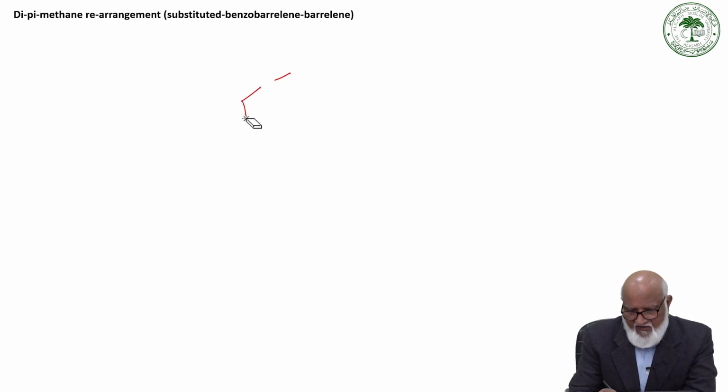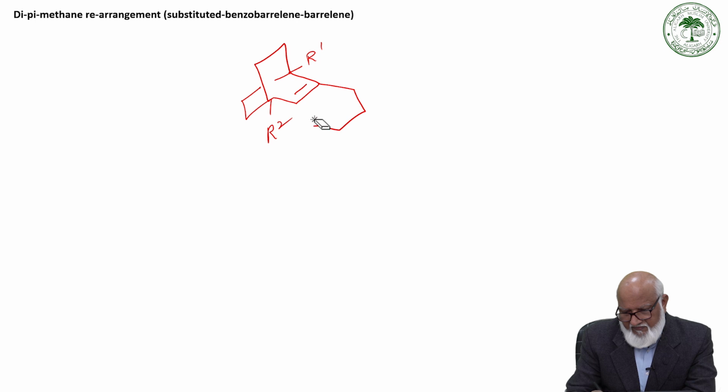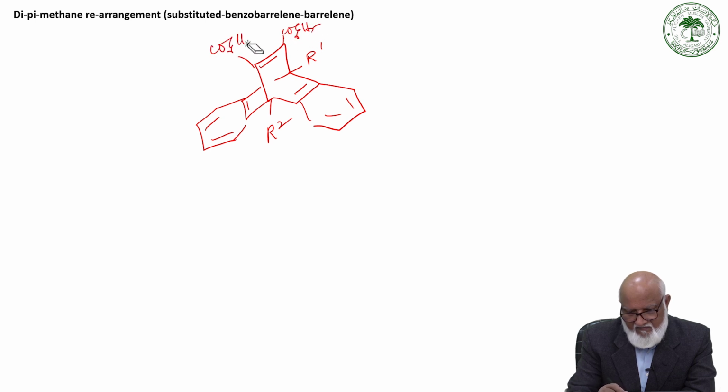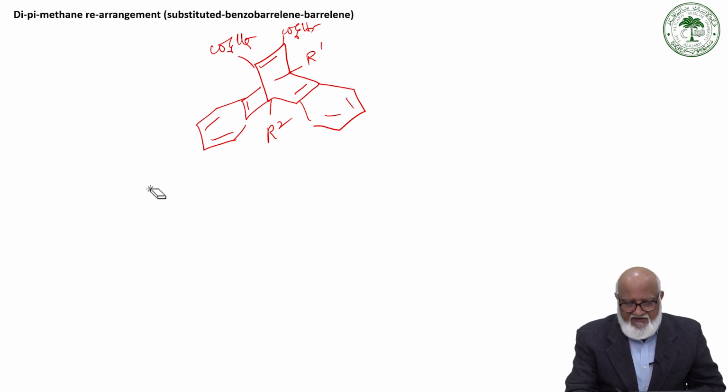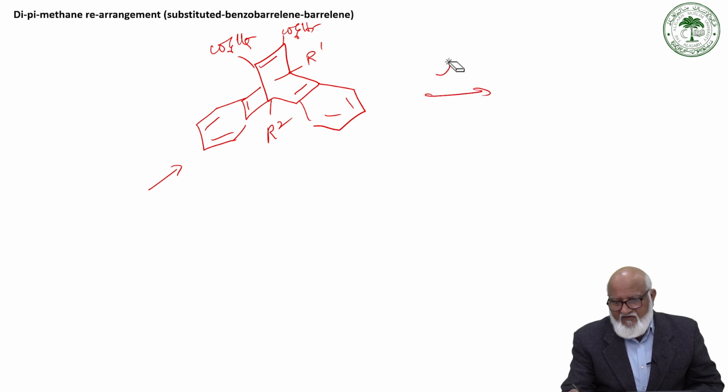Means instead of monosubstituted, di-substituted, say for example this is R1 and this is R2, and with dibenzoberylene, di-substituted 1,2-dibenzoyl dibenzoberylene, 1,2-dibenzoyl, and then this is again the photochemistry.